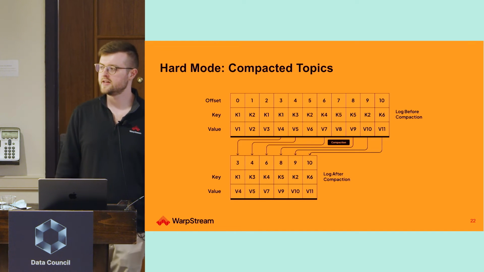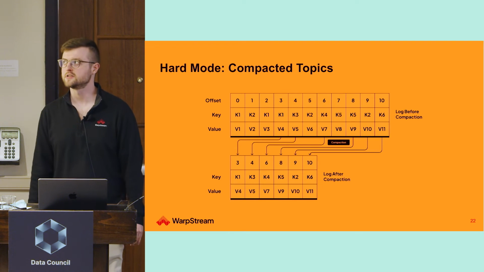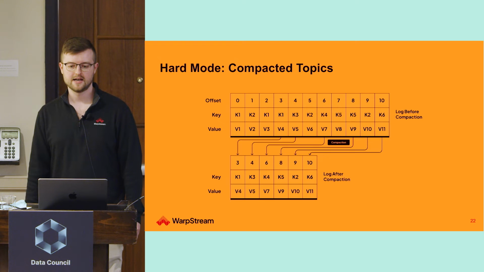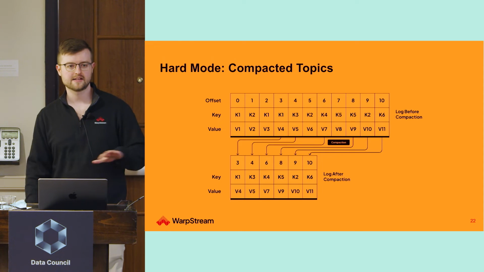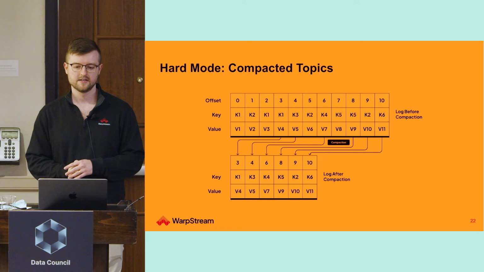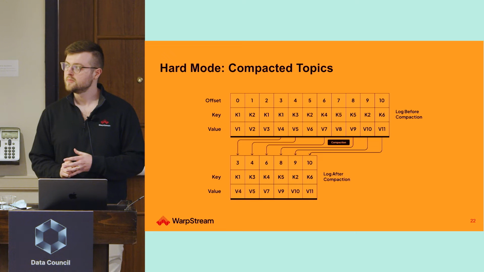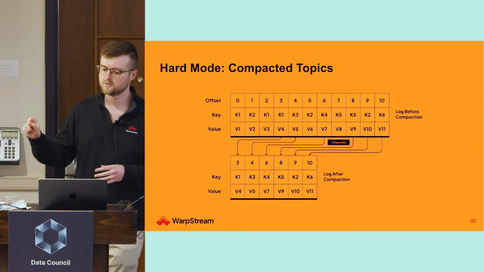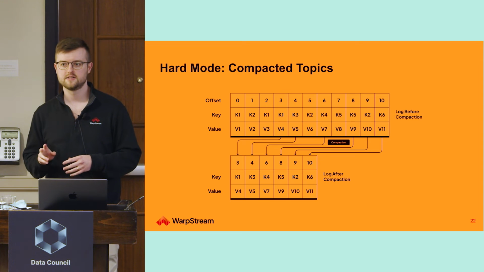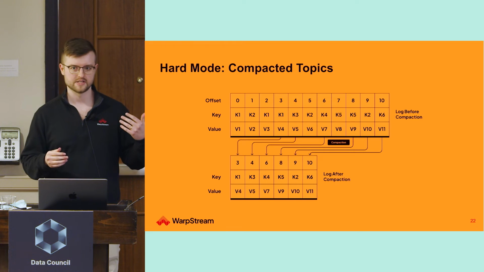So compacted topics, which are a feature of Kafka, amp up the challenge a little bit for us. Kafka compacted topics are a completely different feature than the compaction that I just talked about. Because you're writing each record with a key, sometimes applications send data to Kafka that represents the current state of an object, and you don't need all the prior versions of that object.